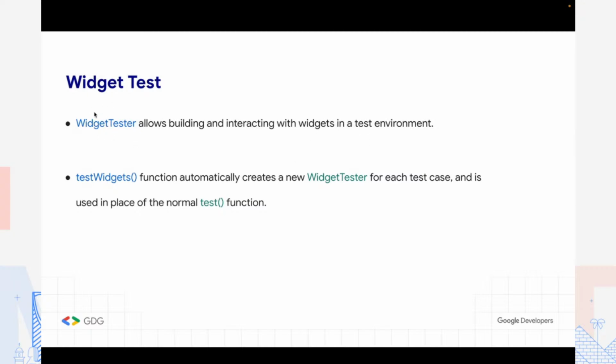So when we are testing a widget, we are also going to be rendering the UI. This object is what is going to build and interact with the widgets in a test environment. The testWidgets function automatically creates a new WidgetTester for each test case, and it is used in place of the normal test function.